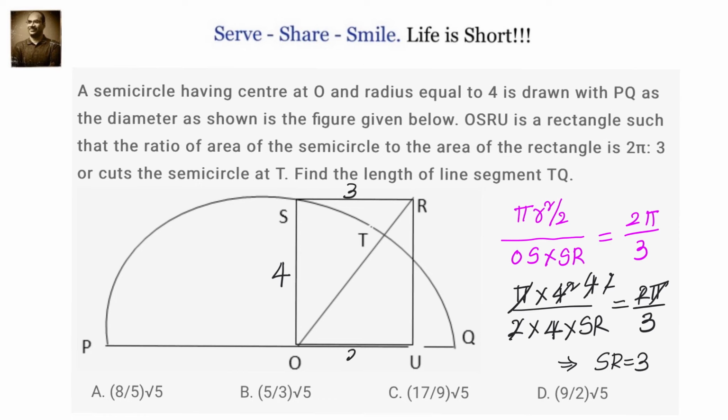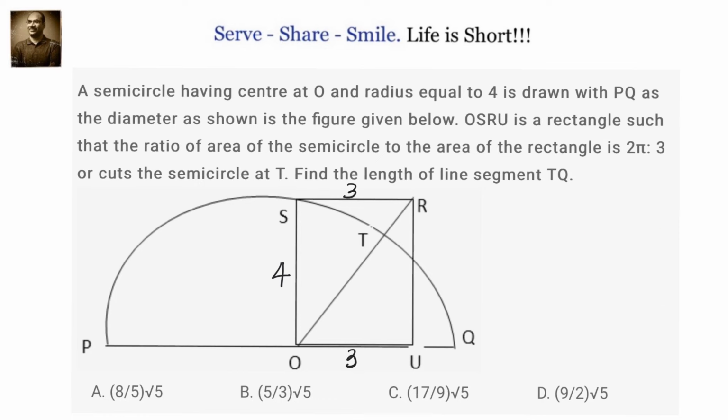Now to move forward to find the length of TQ, the first and most important thing is to drop a perpendicular from T onto OQ. If we do that, we can see there are two similar triangles here, OTX and ORU. For triangle ORU, we know all the dimensions. OR is the diagonal of the rectangle, OU is 3 and RU equals 4.